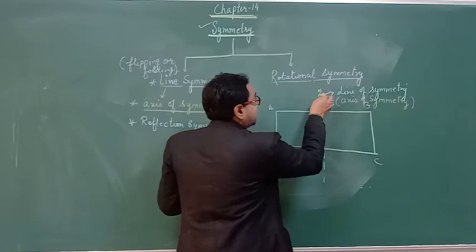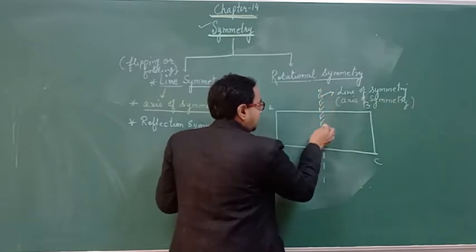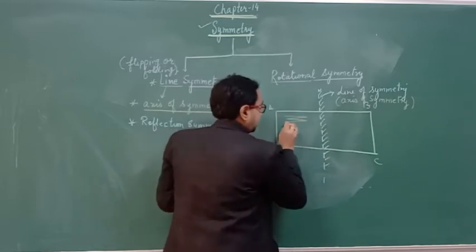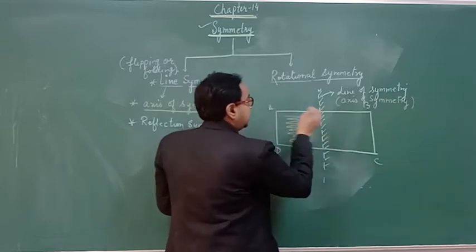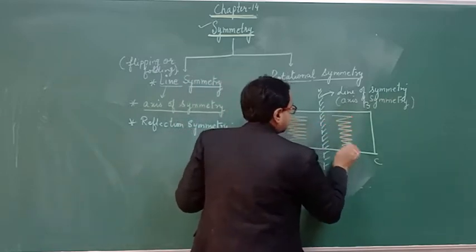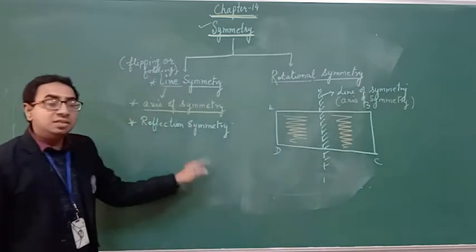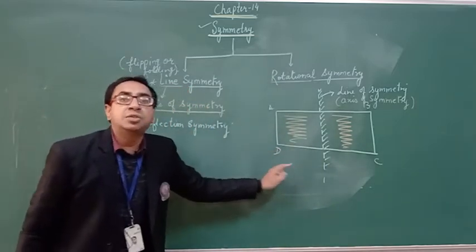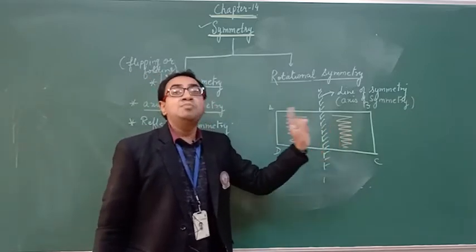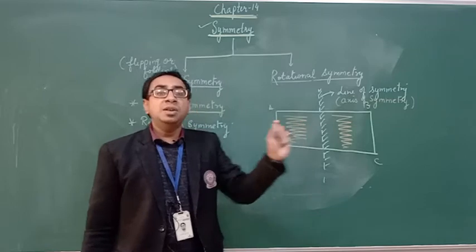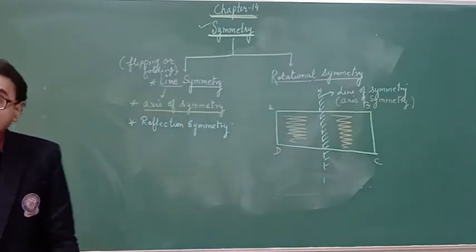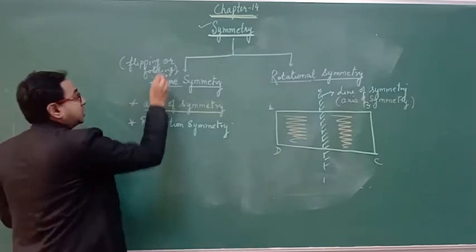If it acts as a mirror, it means that this part is the mirror image of this part, or this part is the mirror image of this part. Hence, it is known as reflection symmetry. Because if the line of symmetry is dividing, these two parts look like mirror images of each other, and mirror image means reflection. Are we clear with these two important concepts?